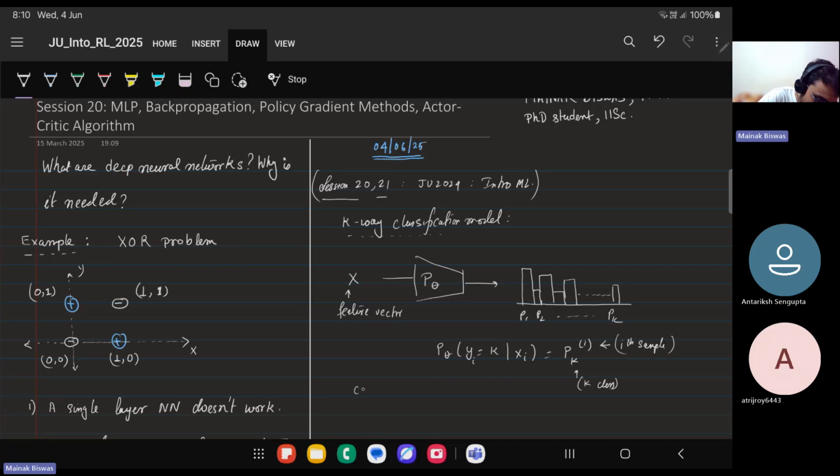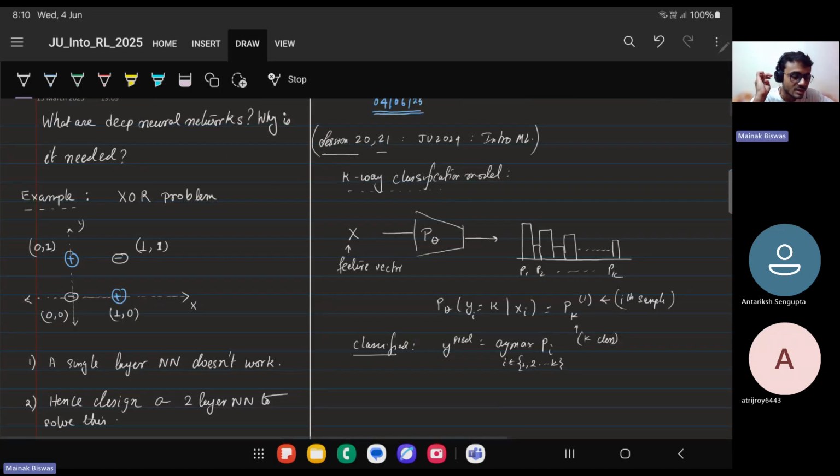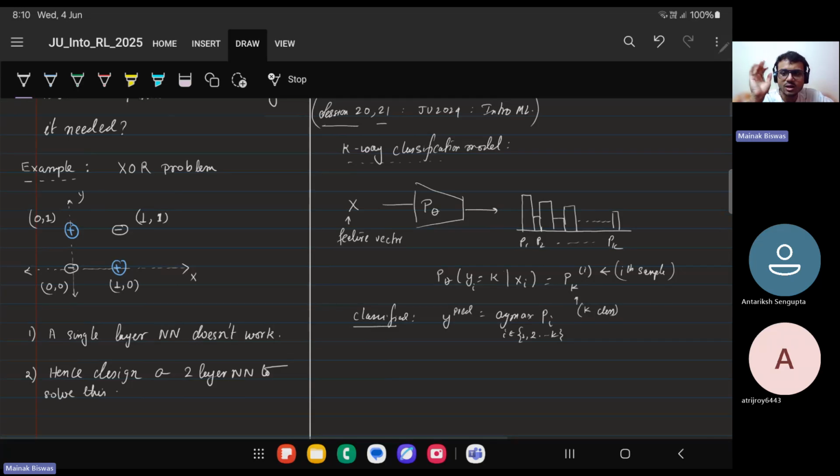And we classified by the maximum, so we said that y predicted is equal to argmax of pi. Okay, fine, great.